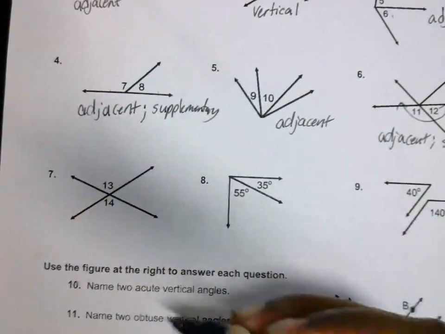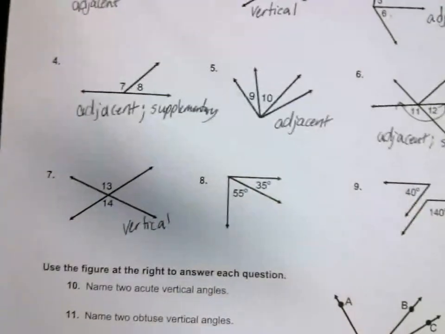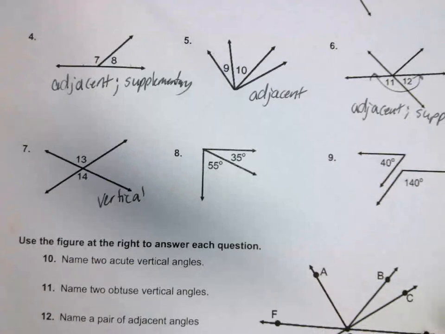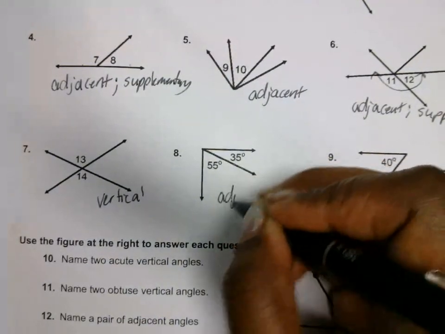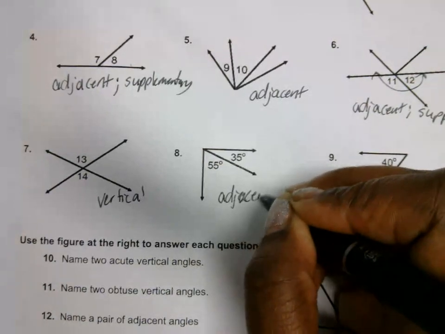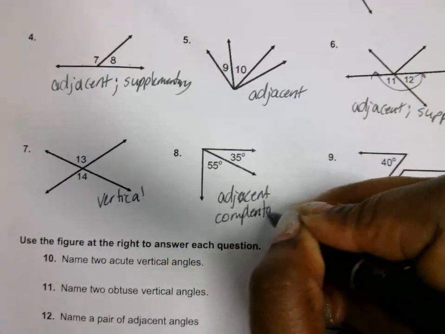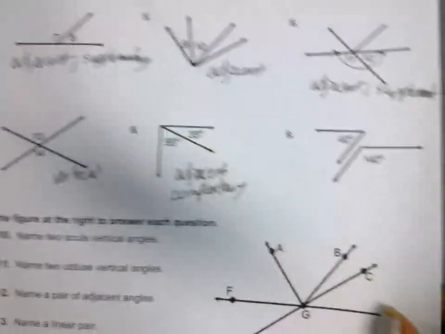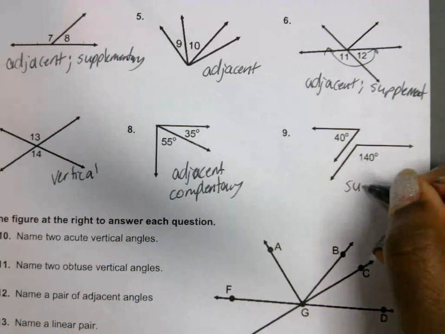Number 7, vertical. Number 8, adjacent, do they add up to 90? Yeah. So they're also what? Complementary. And number 9, they're supplementary. They're not connected, so you can't say adjacent.